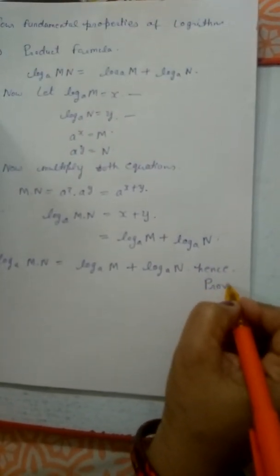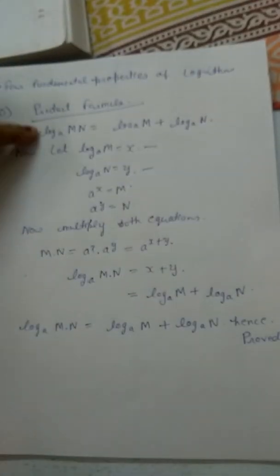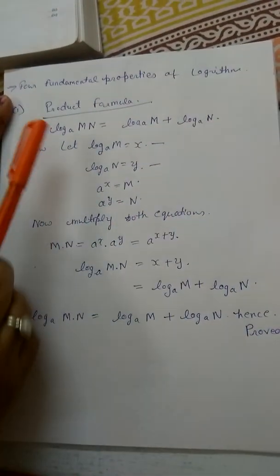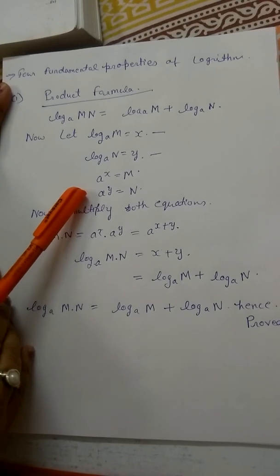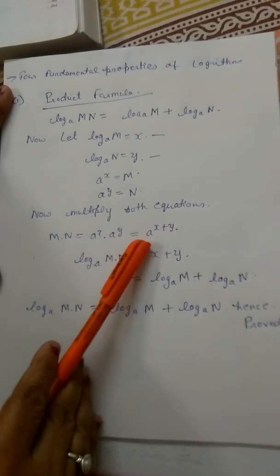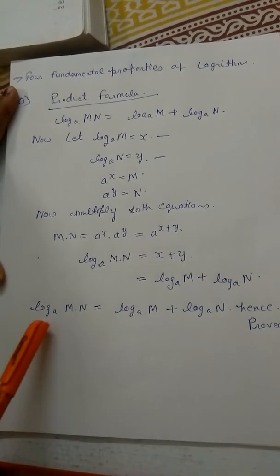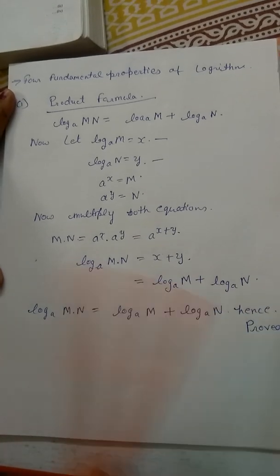Now I have proved the product formula. Putting the values of x and y in the exponential form, then multiplying m and n, you get log_a (mn) equal to log_a m plus log_a n. This is the left side, this is the right side. Both are equal, hence proved.